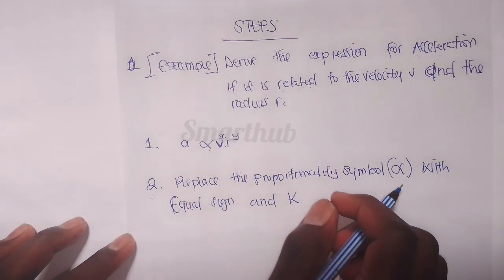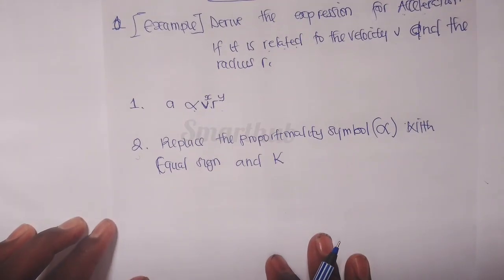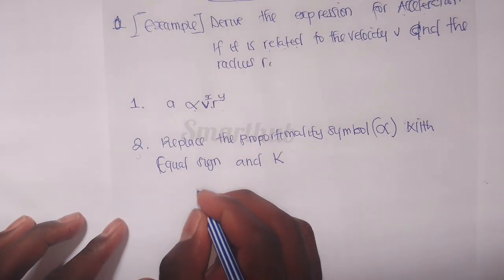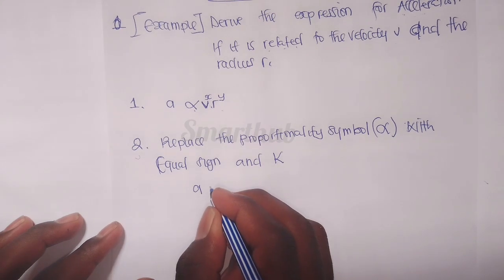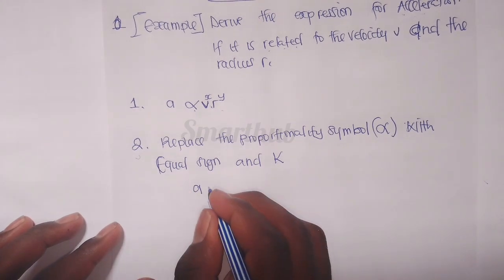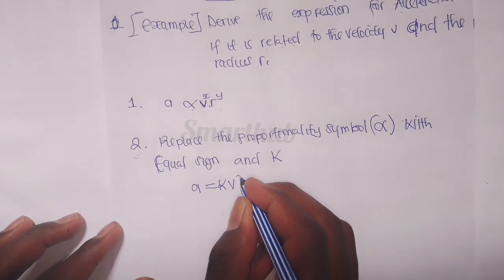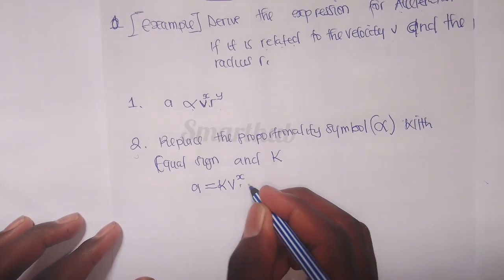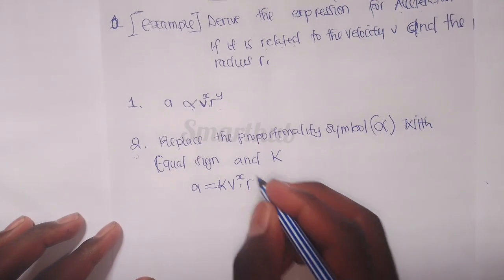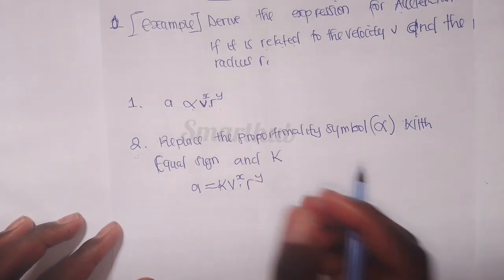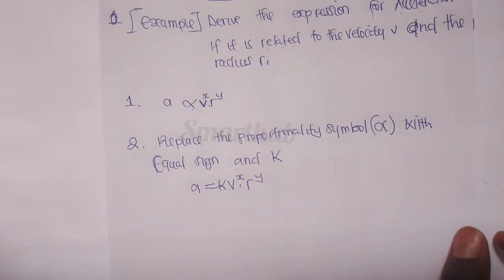So step number two goes like this. You replace with equal sign, so a is equal to k v to the power x dot r to the power y. These are still unknown. Okay, so let's go to step number three.